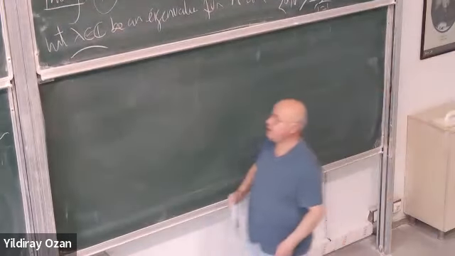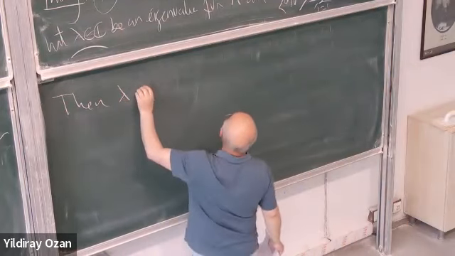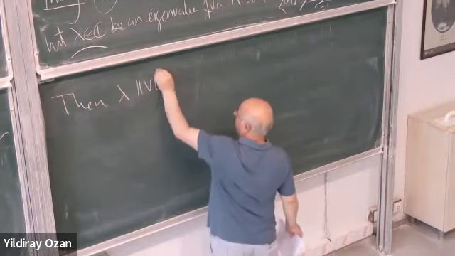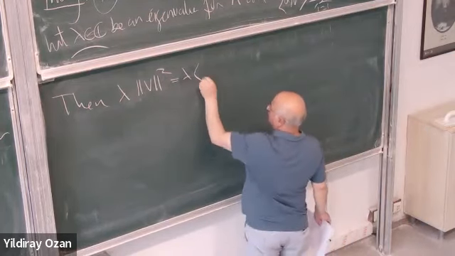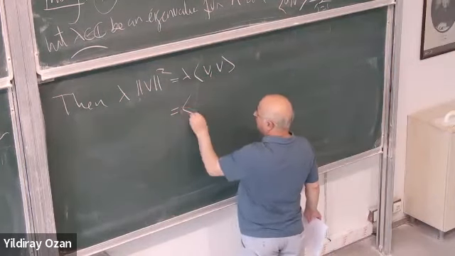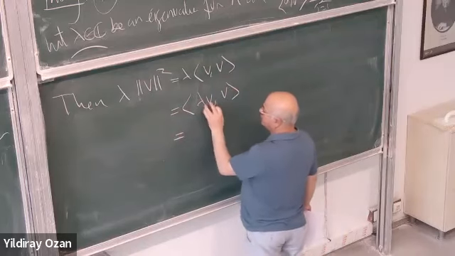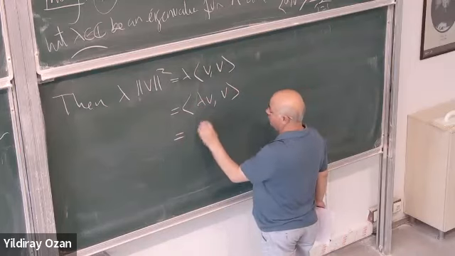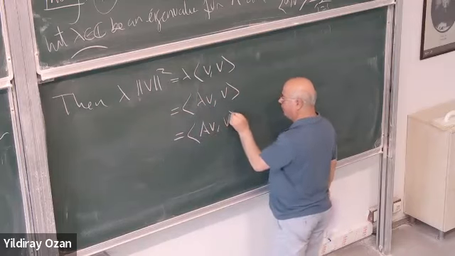Now look at this. Lambda times the norm of V, inner product. This is a positive number. Well, I can take this lambda inside, but this is the eigenvalue, and V is an eigenvector for A with this eigenvalue, so this is just AV.